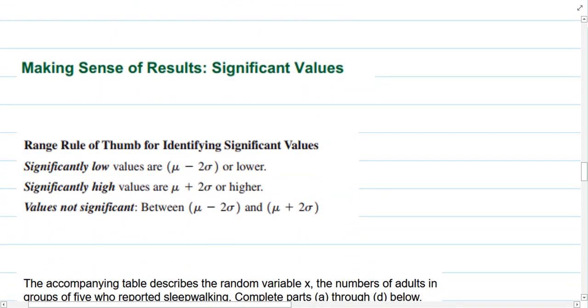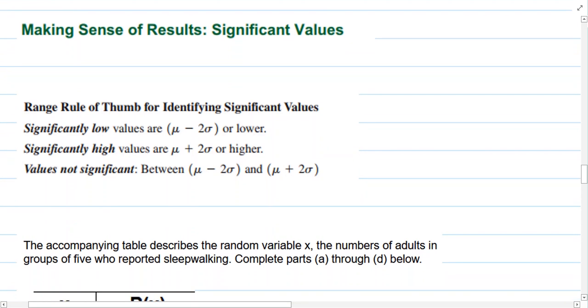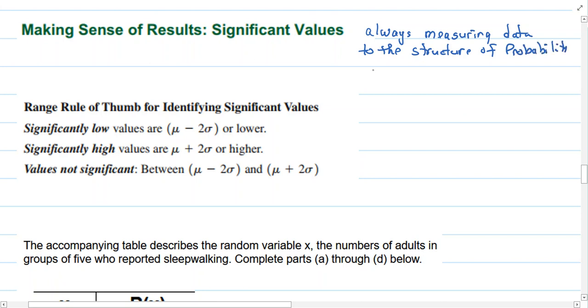Okay, so now we're making sense of the results, significant values. Now remember, we're always measuring data to the structure of the probability distribution to gauge significance.